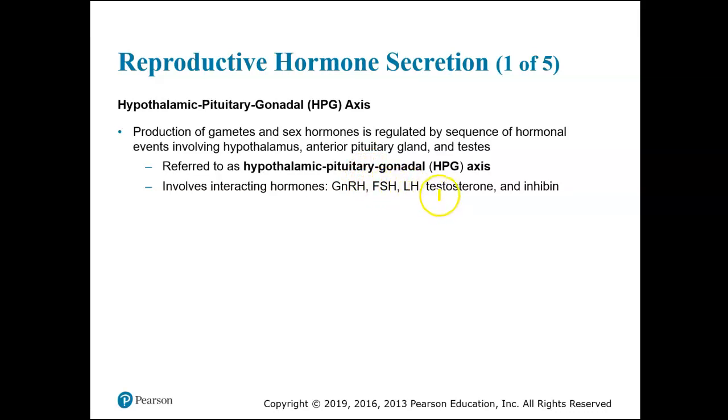And those hormones will regulate the release of testosterone, inhibin, estrogen, progesterone from the gonads. Okay, so that is the HPG axis. And these are the main hormones, but what's not listed here is also the female hormones, estrogen and progesterone.